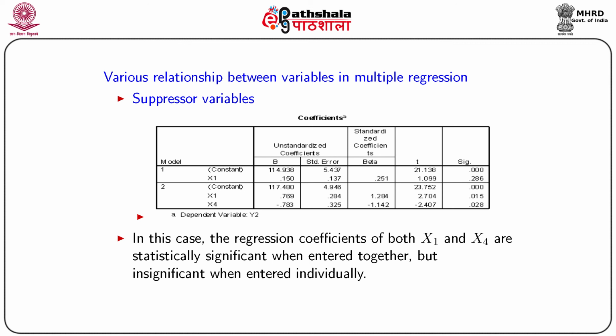So as the value of x1 increases, the value of y increases as well, and the coefficient corresponding to x4 is negative 0.783, which is a high negative correlation. So as the value of x4 increases, there is a decrease in the value of the dependent variable y. In this case, the variance of x1 that does not account for variance in y2 is cancelled or suppressed by knowledge of x4. So the variable x4 is called a suppressor variable.